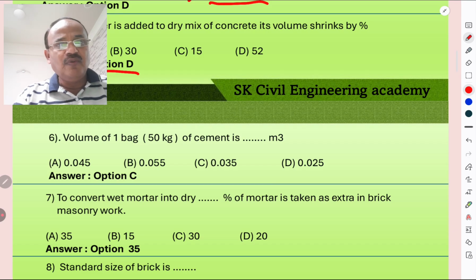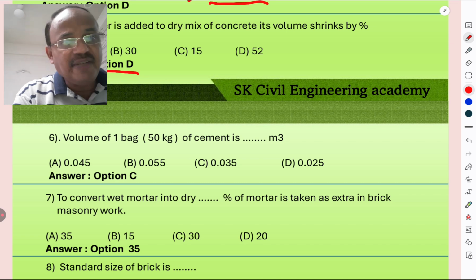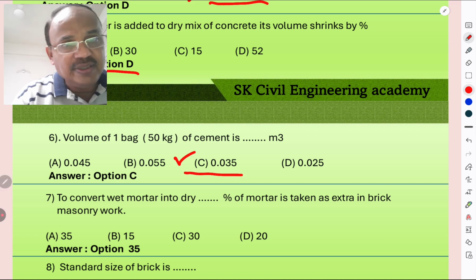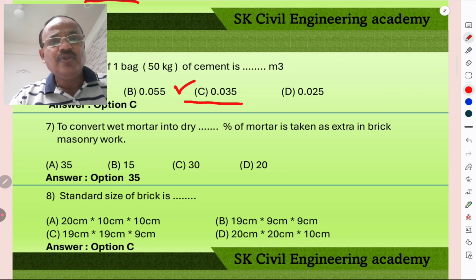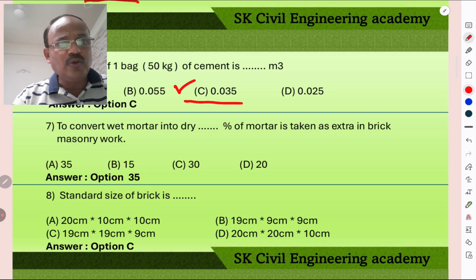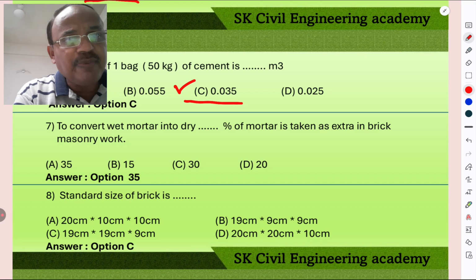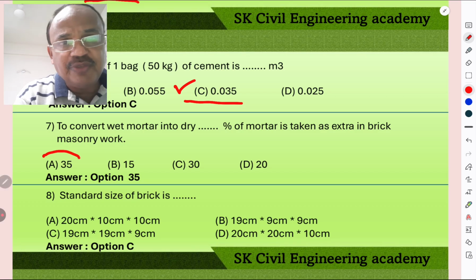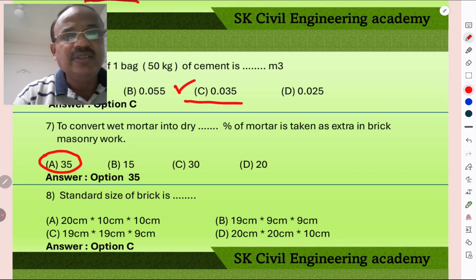Volume of one bag, 50 kg of cement, is 0.035 cubic meter. That is the correct answer. To convert the wet mortar into dry, what percentage of mortar is taken as extra in brick masonry work? 35% extra. So option A is the correct answer.